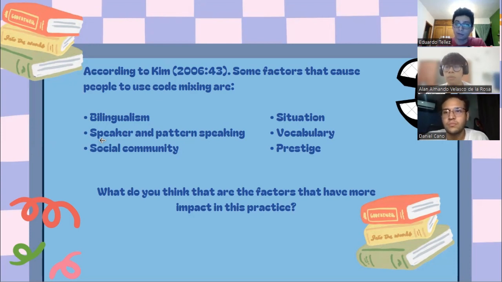And also the vocabulary, because, as you said, at first I thought that people who tend to forget how to say a word in Spanish or in their first language are people who think, oh my God, I'm so genius in this language that I forgot the language that I learned first. But this happens. It could happen to me. The reality is that you have to do this code mixing in order to communicate better with the people that you are talking to. So, what is your opinion about this, Daniel?